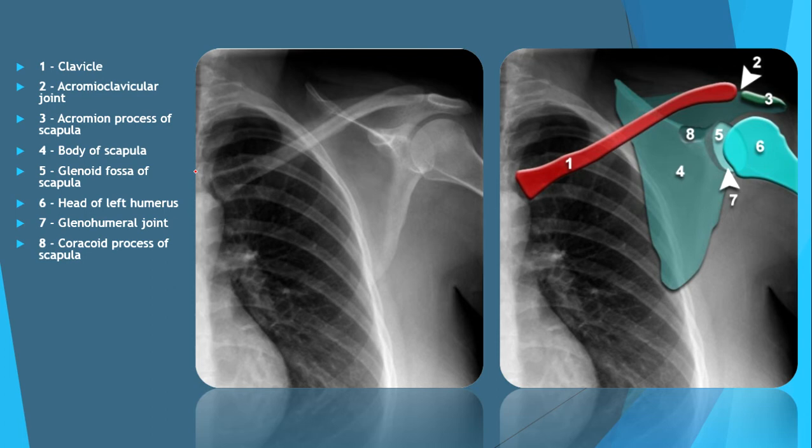By number 1 we see the clavicle, number 2 acromioclavicular joint, number 3 acromion process of the scapula, 4 body of the scapula, 5 glenoid fossa of scapula, 6 head of left humerus, 8 coracoid process of scapula, and 7 coracoid process of scapula.